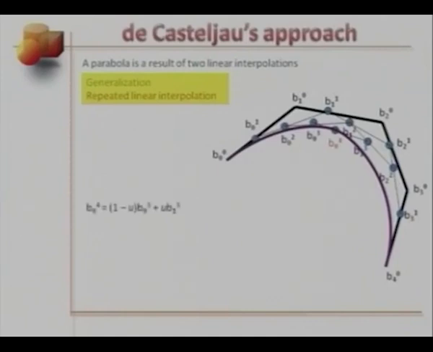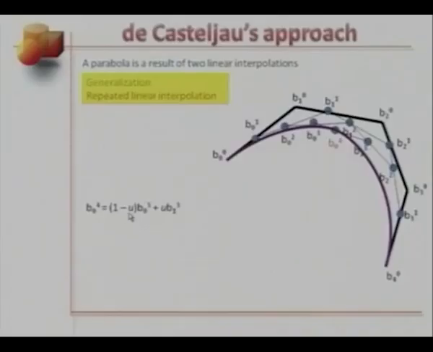Now let's try to work backwards. We start from B 0, 4. It is the result of linear interpolation between B 0, 3 and B 1, 3. For a given parameter u, it is 1 minus u times B 0, 3 plus u times B 1, 3. B 0, 3 itself is a result of linear interpolation between B 0, 2 and B 1, 2. We know what the relation is.